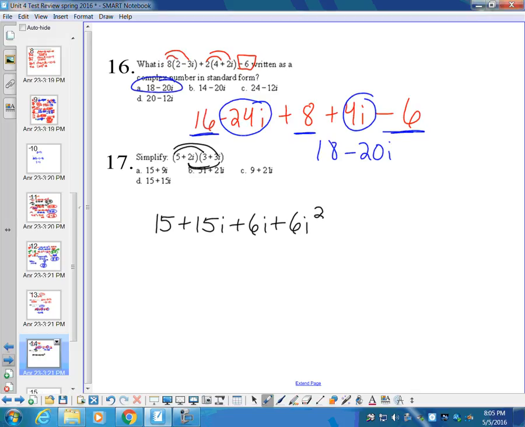Now you've got to combine like terms, so 15 plus 21i minus 6. 15 minus 6 is 9 plus 21i. So it is C.